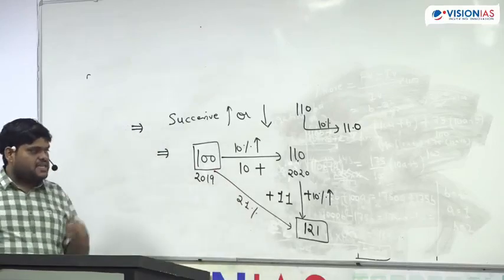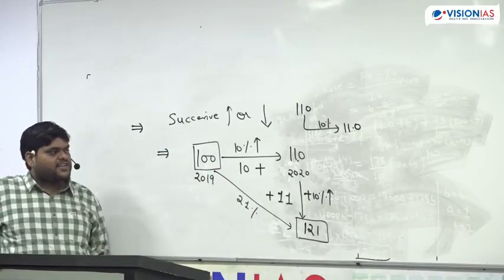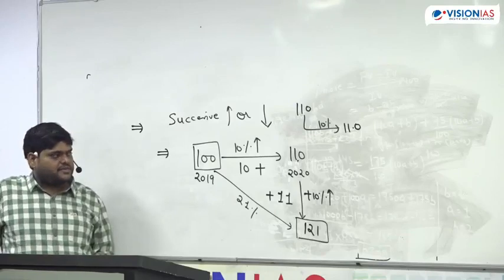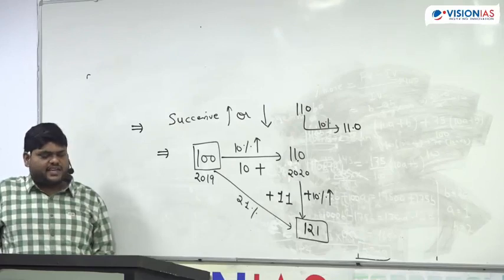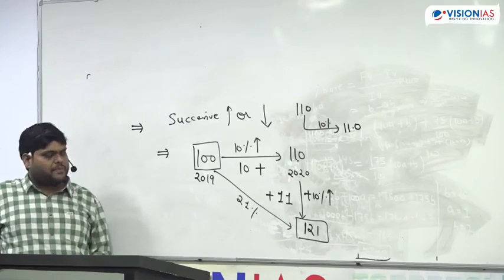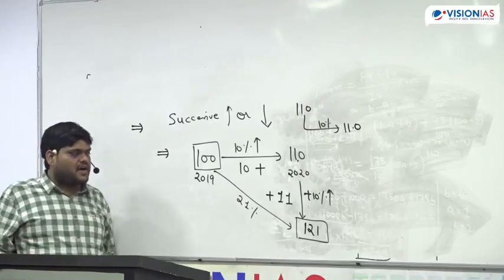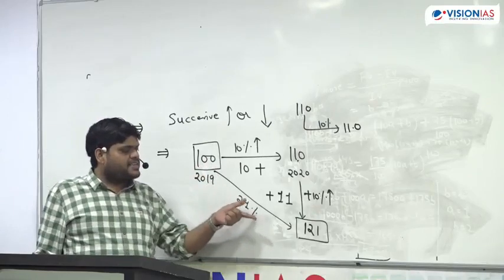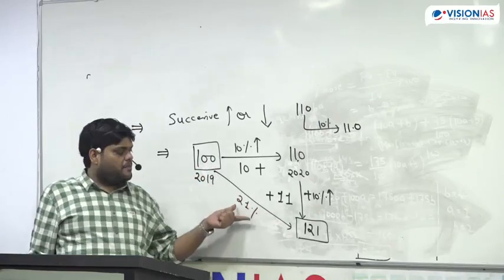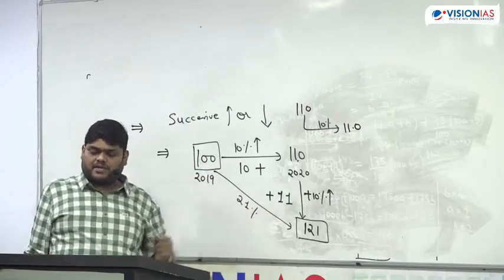That means if the population is increased by 10% for 2 years, the overall increment is not 20%, but 21%.